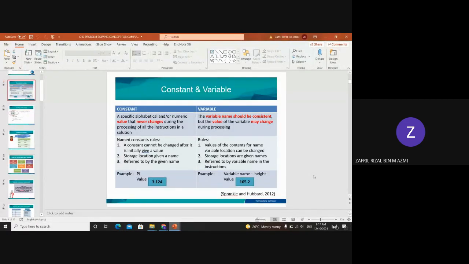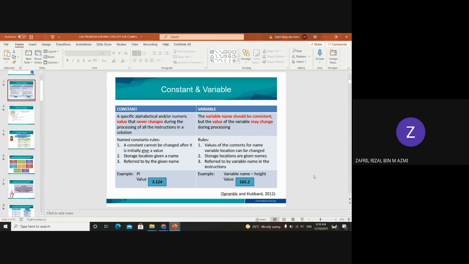So this is what you need to identify first before we go to the coding, algorithm, flowchart. Before that part, first you need to identify what are the possible constants or variables you should put in your program.